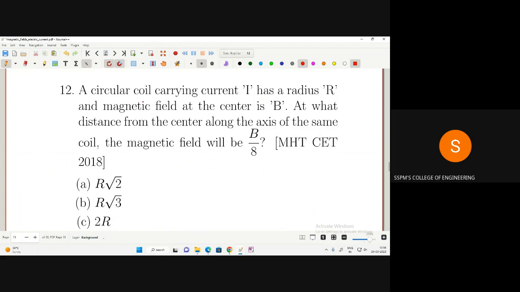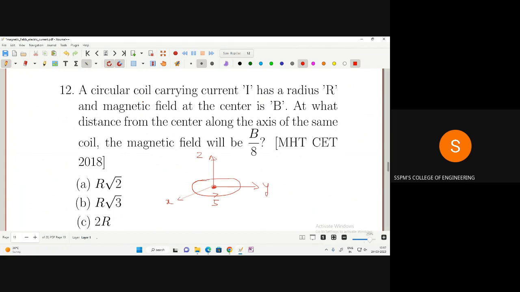फर्स्ट ड्रॉ द फिगर शोइंग द लूप. समजा झेड ऍक्सिस घ्या, हा वाय ऍक्सिस, हा एक्स ऍक्सिस असतो. किंवा प्रॉब्लेम मध्ये बघा ते झेड घ्यायचे चालेल. आता इथे कॉइल एक्स वाय प्लेन वर घ्यायचे असं. Let's consider the coil carrying current I in the anti-clockwise direction, and what would be the magnetic field at the center?